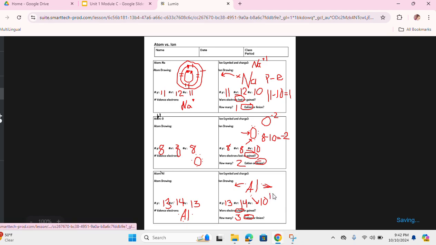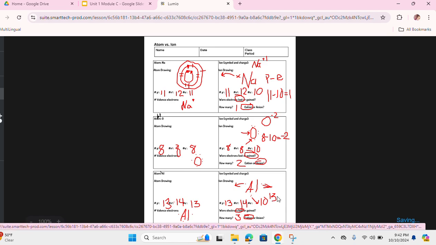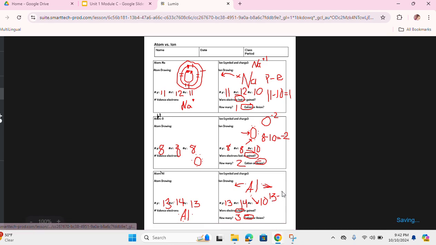I take 13, the number of protons, minus 10, and that's equal to positive 3. So here I will write my ion symbol, which is Al, and then my positive 3 charge.